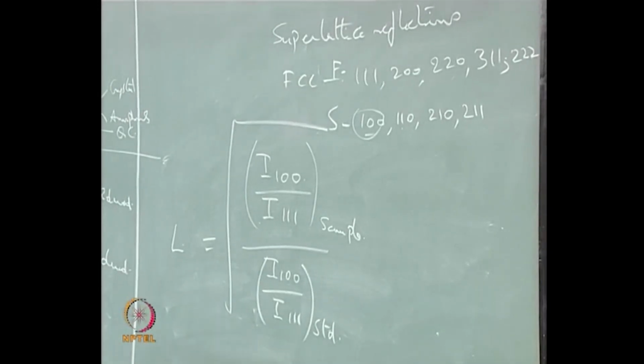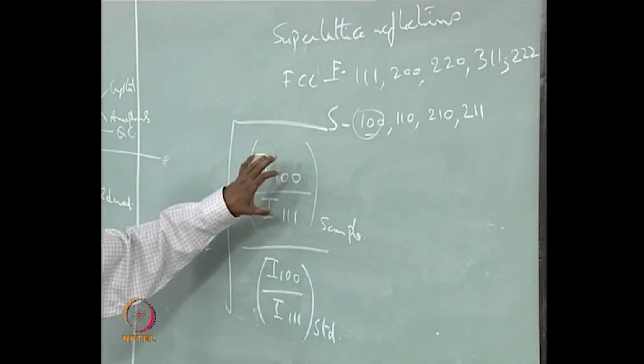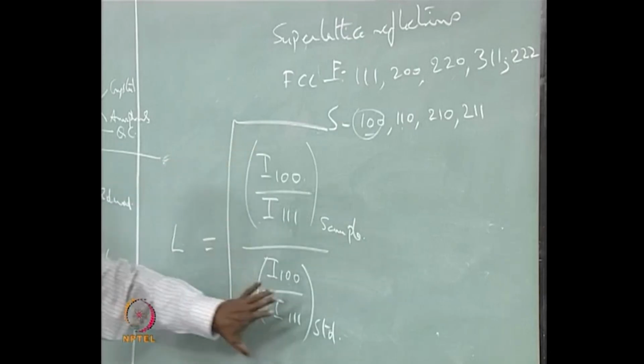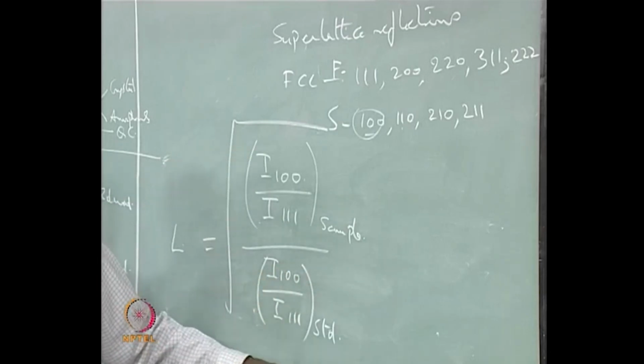The reason why we take square root is the intensity is always square of structure factor. Okay. So square root of this, basically I am getting the structure factor with respect to my sample and the standard. Standard is something which is perfectly ordered.